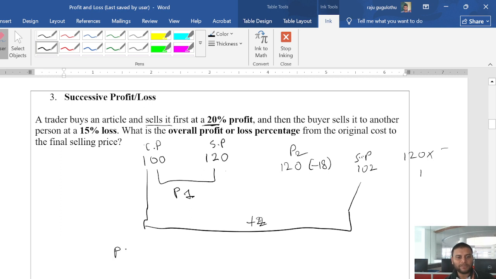Now, the overall profit percentage in this case will be 2 rupees profit by 100 rupees, the cost price, into 100.